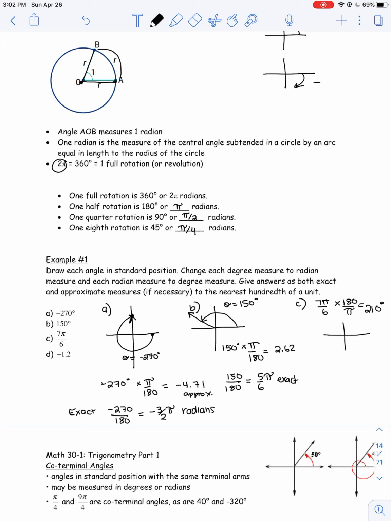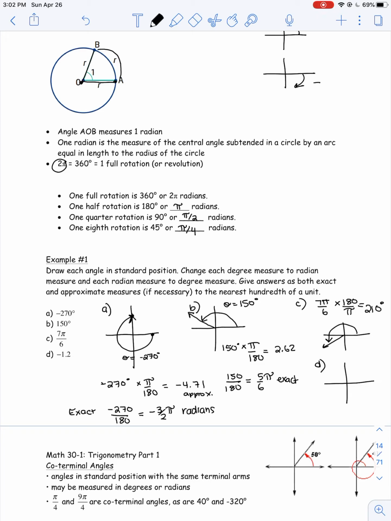And so we just need to draw that now. 210 is a positive number, so we're going counterclockwise. That would take us approximately here. Make sure you have your arrow going counterclockwise to show positive angles.